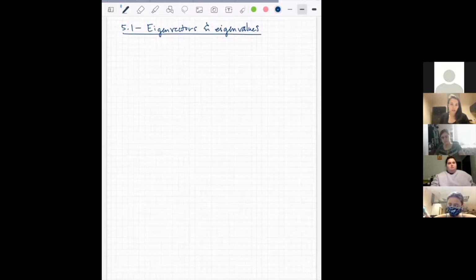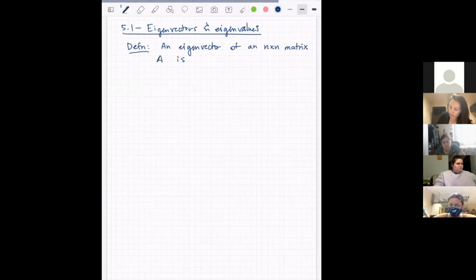Okay. So let's just start off with a definition. This is going to be for square matrices only. An eigenvector of an n by n matrix A is a non-zero vector.